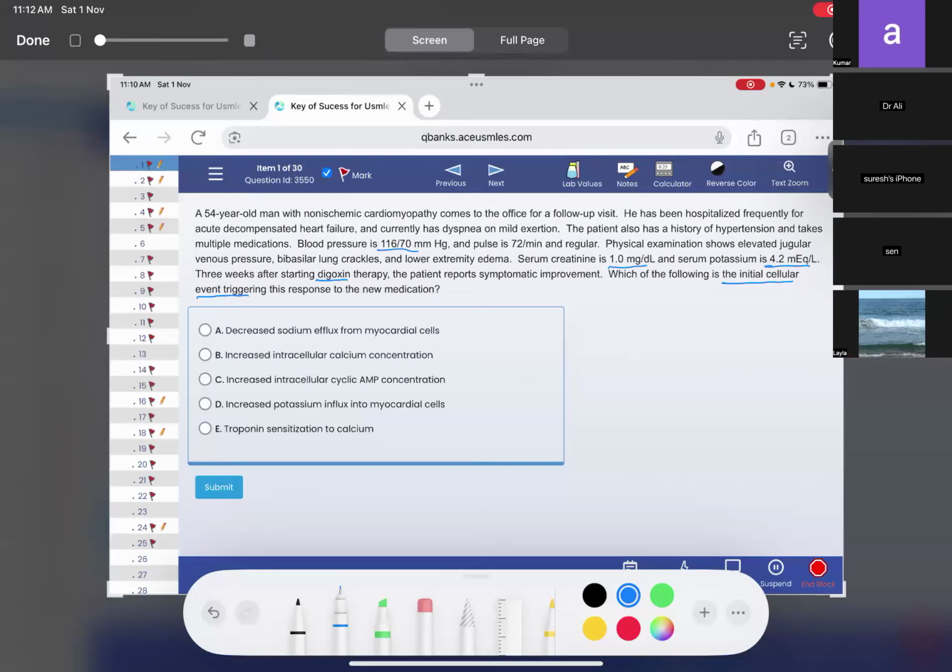Okay, so in the scenario, the patient comes with acute decompensated heart failure.